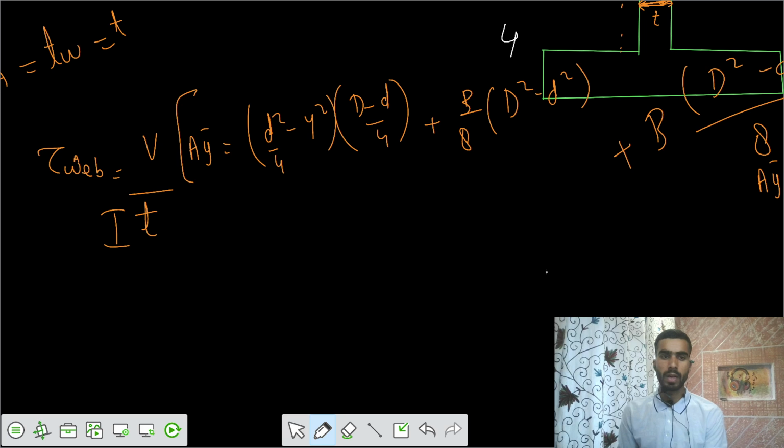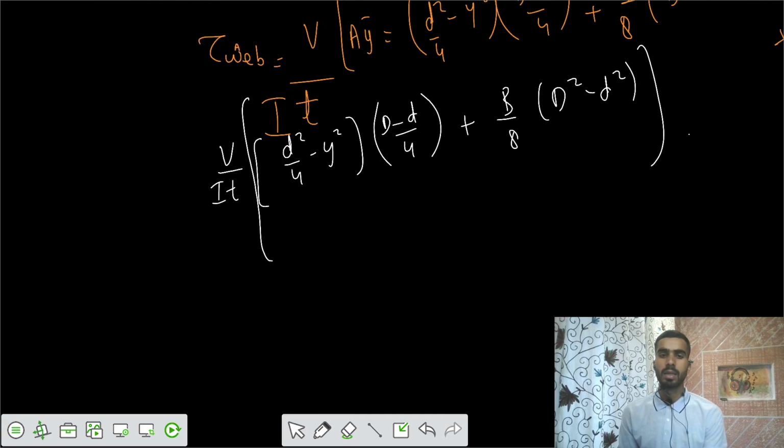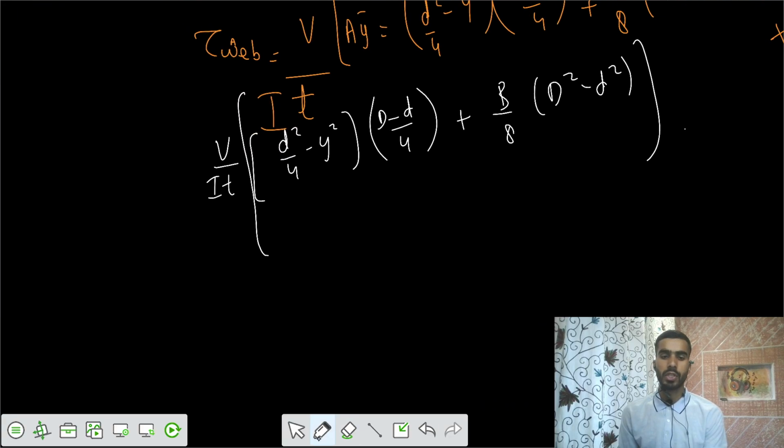So if you write it, we got this value V by I t into D square by 4 minus y square and your D minus d by 2, D minus d by 4 plus b by 8 into D square minus small d square. So you got this value V A y bar by I t. That's your shear stress at that location A in the web.